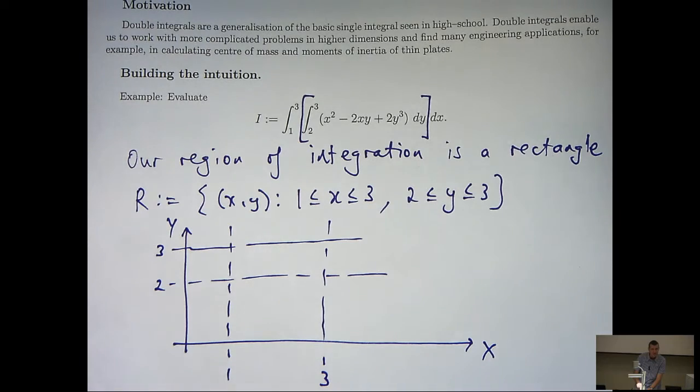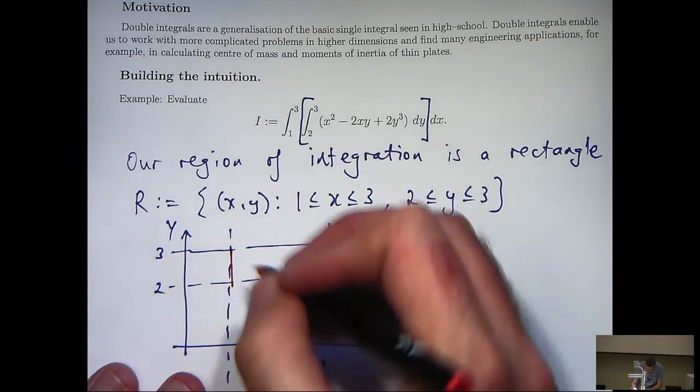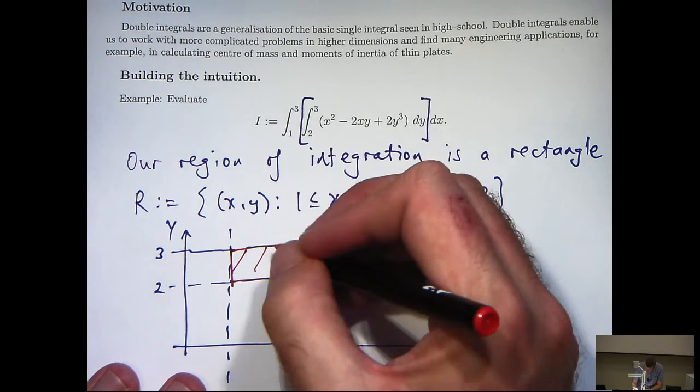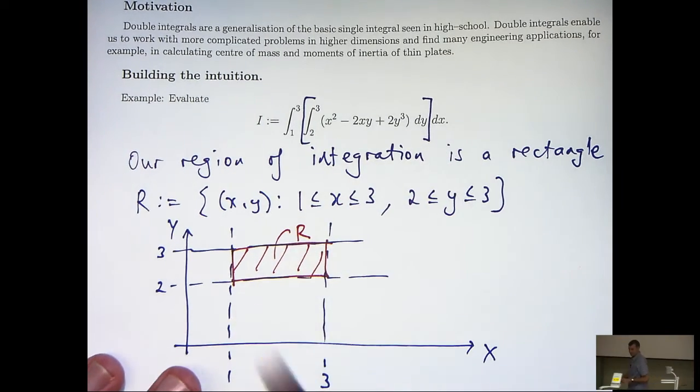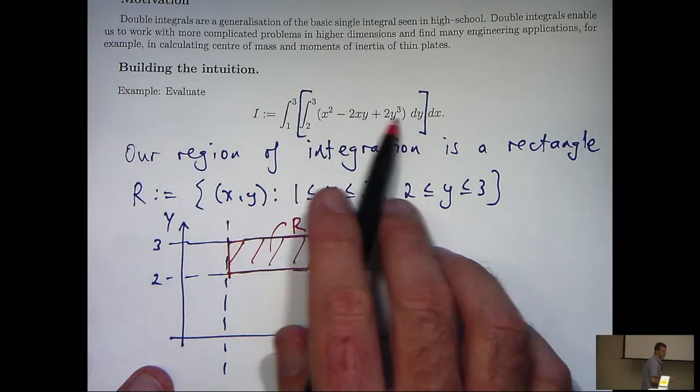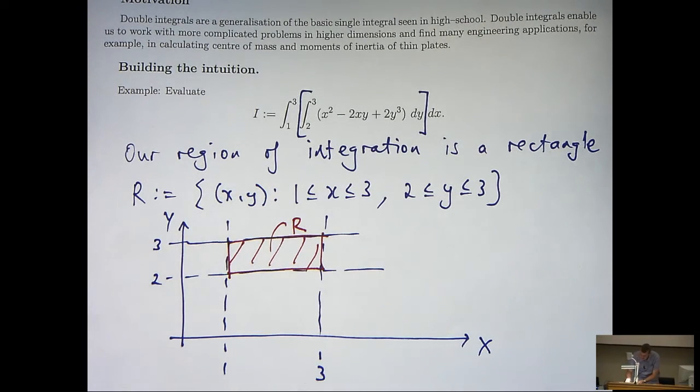And you can see those four lines bound or enclose, in this case, a rectangular region. So this shaded area is our rectangular region that we're integrating this function over.